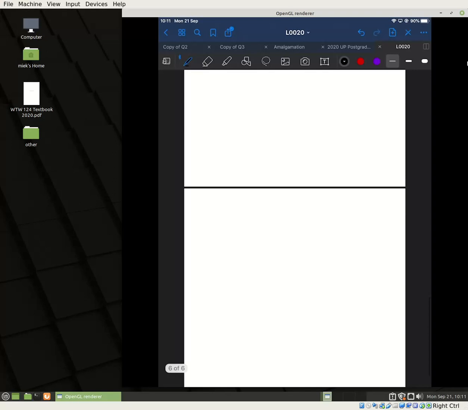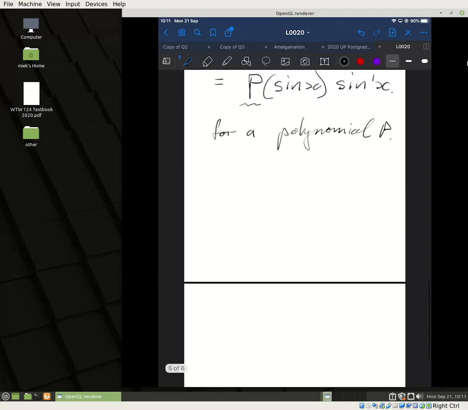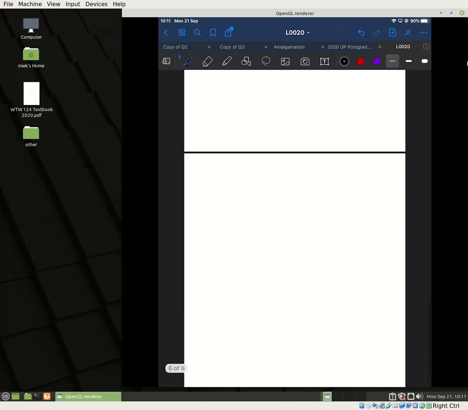If we've got an odd power of a sine, we do exactly the same, only with the sine. So if we have sine to the 2n plus 1 times cosine to the m, let's take out one of these sines.